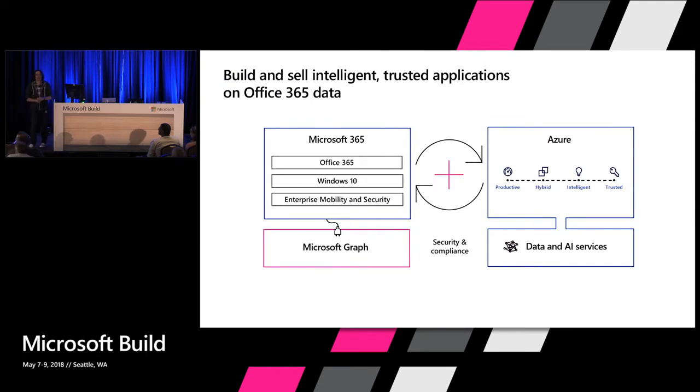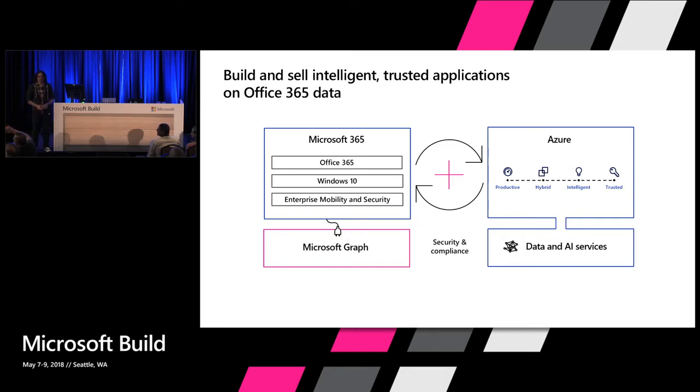You heard Satya on Monday talk about Microsoft 365 and Microsoft Azure as two development platforms. But we don't believe that they need to be separate development platforms. We believe that they are better together, chocolate and peanut butter, that you should be able to use Microsoft 365 with Azure.